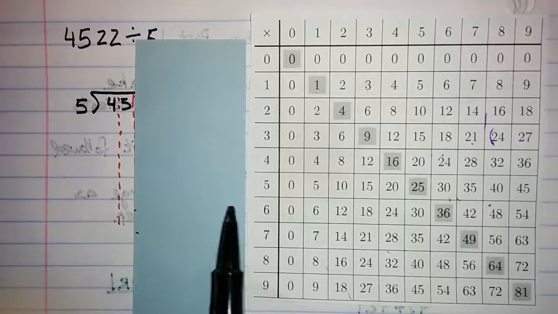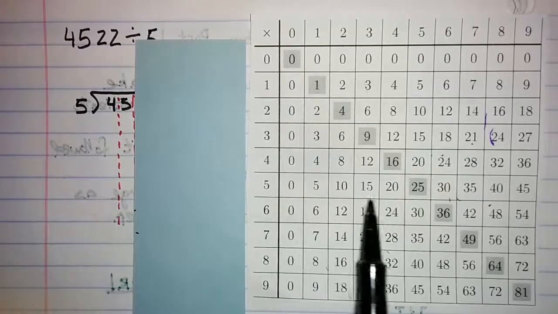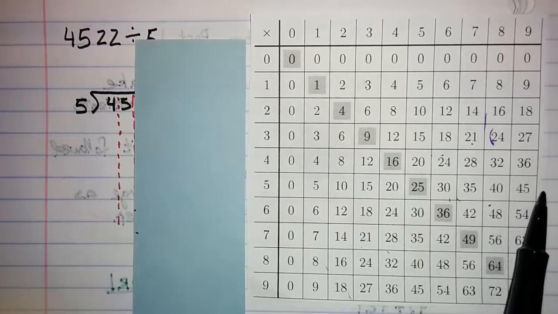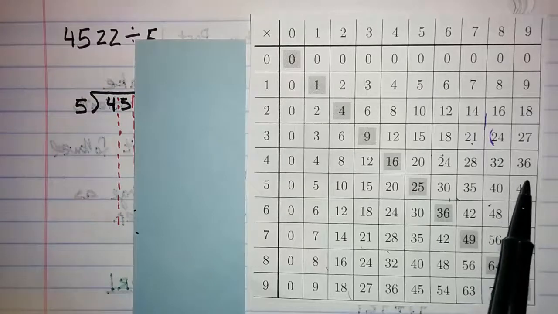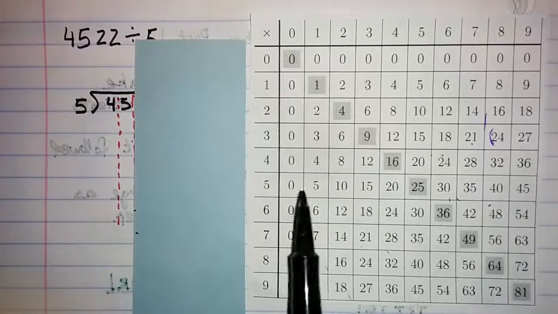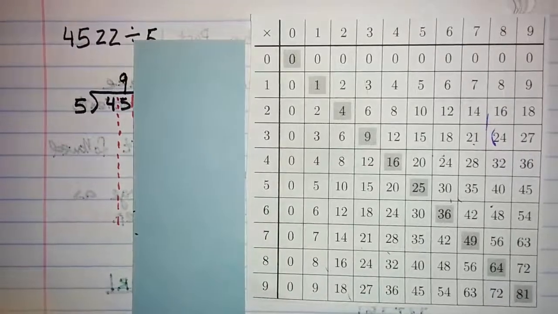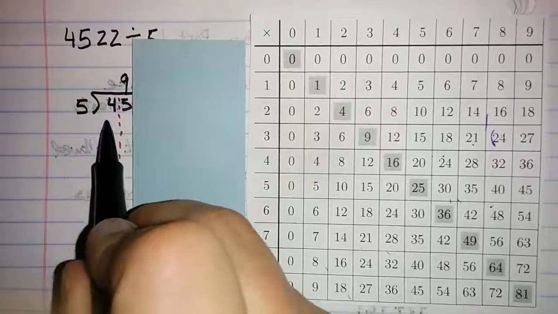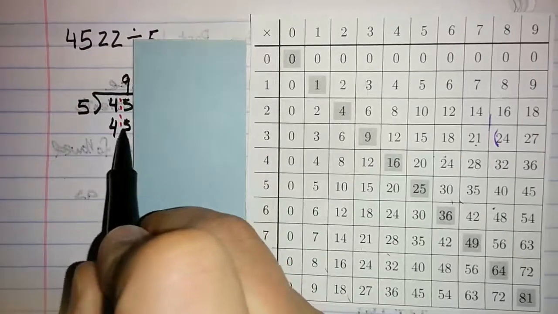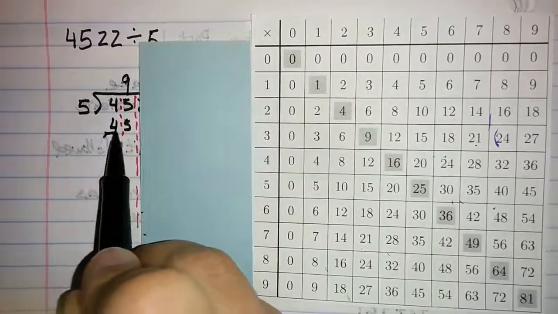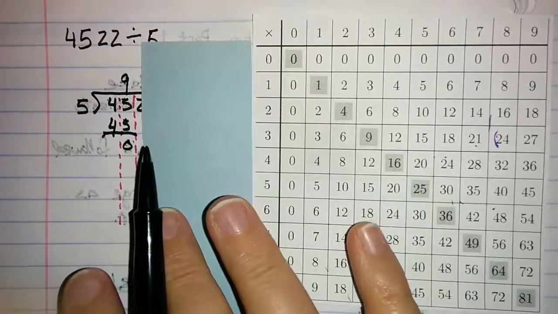How many times does 5 go into 45? 5 times what? Oh, I see, I get exactly 45. 5 goes into 45 exactly 9 times. 9 times 5 is 45, and there's nothing left.